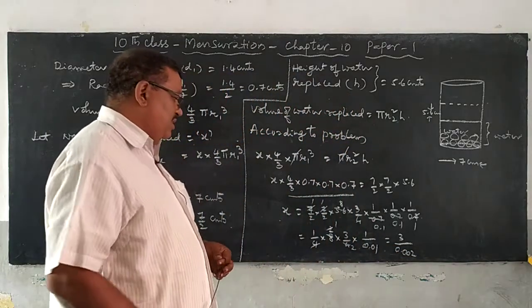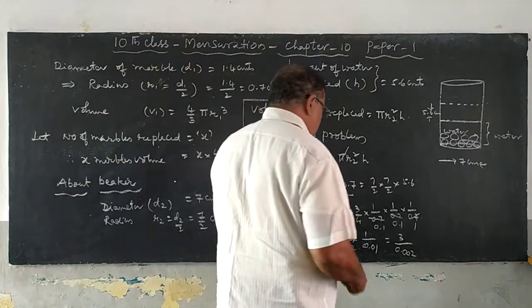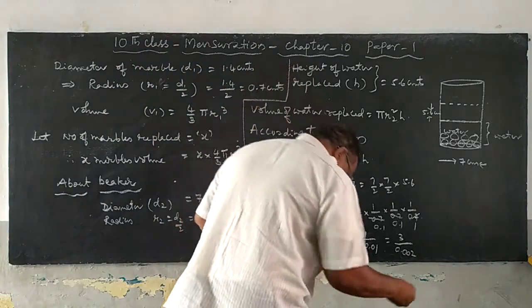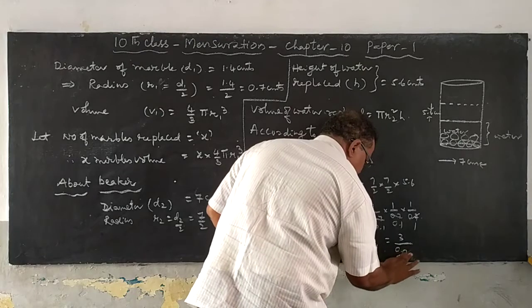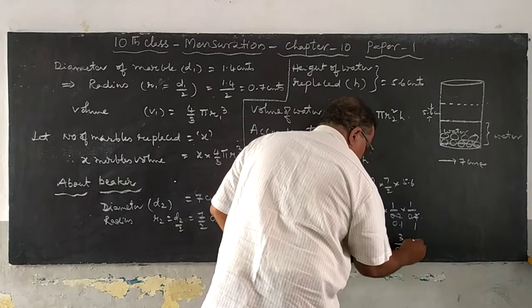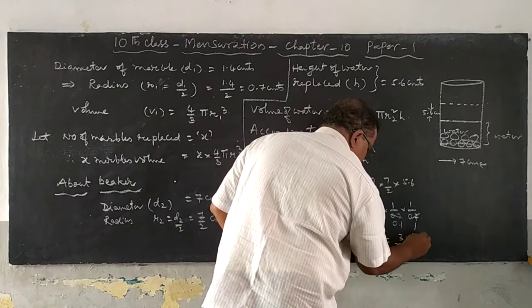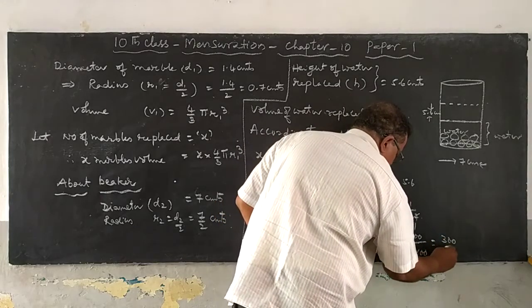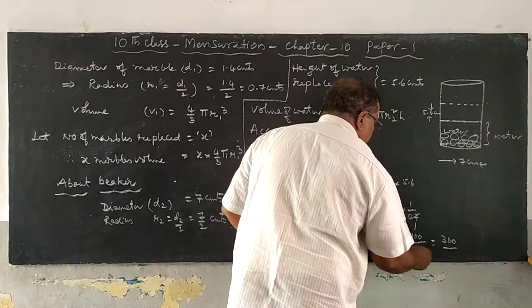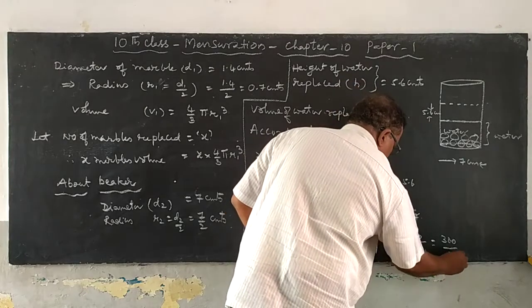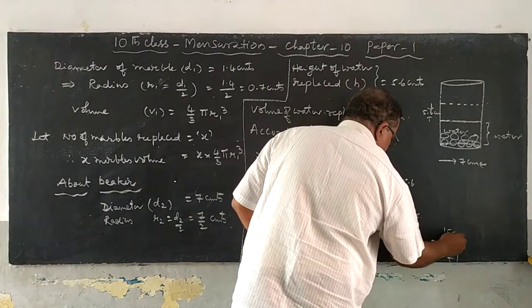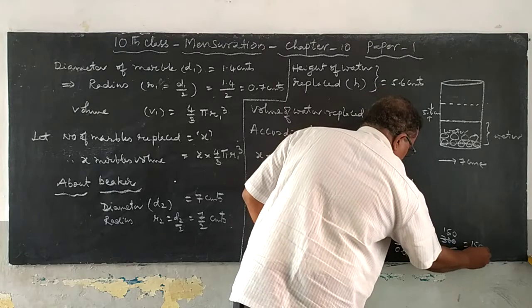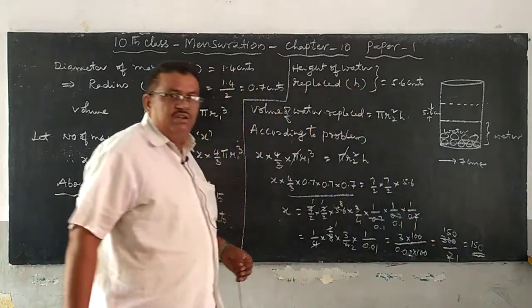Now multiply with 100 on both sides, you get 300 by 0.2 into 100, that is 2. 2 ones, 2 150s. So the number of marbles replaced is equal to how much, children? 150.